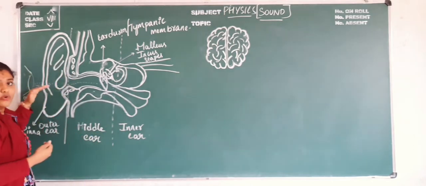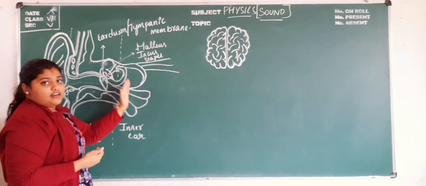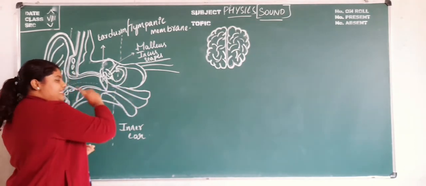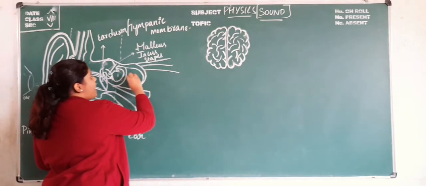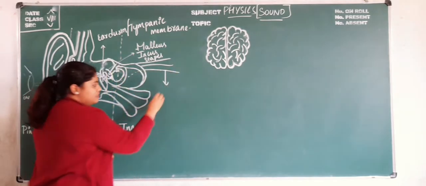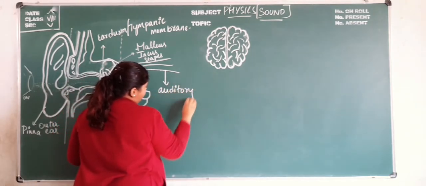When the sound enters our ears, it is in the form of sound signals. In the inner ear it is converted into electrical signals, and these electrical signals are passed out through auditory nerves. So these are auditory nerves.